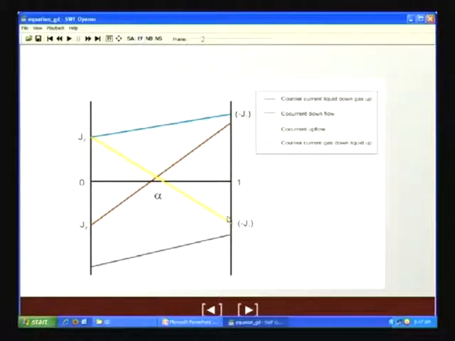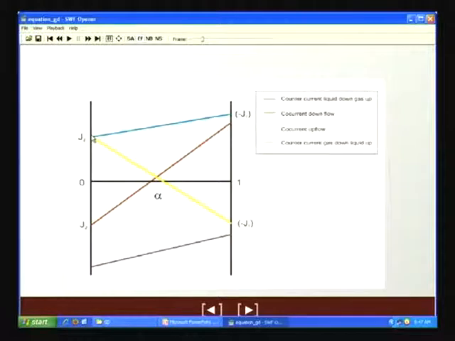Now you try to understand certain things. Suppose your J2 is constant and J1 is increased. What happens? The straight lines intersect the alpha equal to 0 axis at lower and lower values. The implications we will see later.